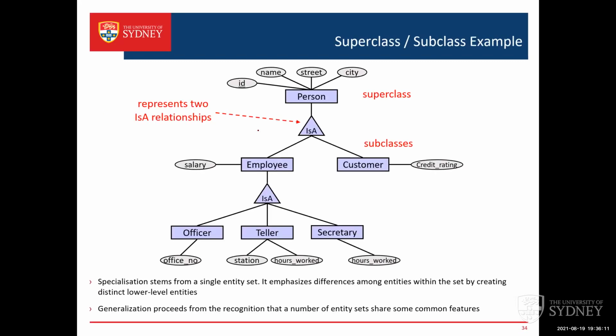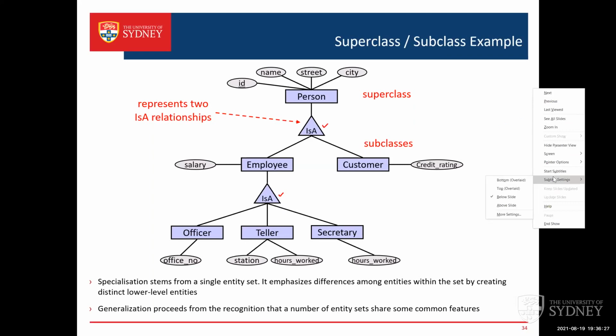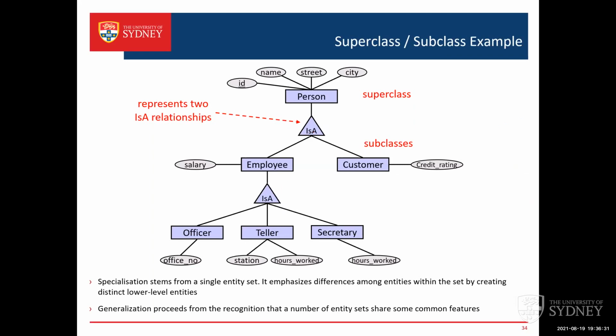So think about which one could be disjoint and overlapping in this is-a. We have two is-a, this one and this one. What do you think? Which one could be disjoint? Which one is overlapping? Both of them are overlapping because I have not written anything, right?